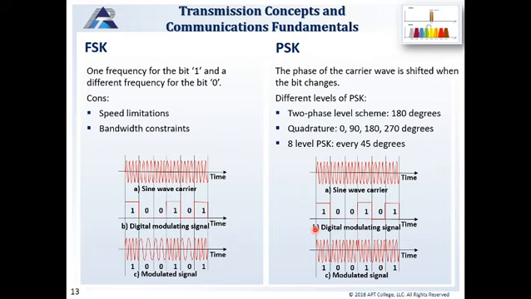Another type that we have is phase shift keying. The phase of the carrier wave is shifted when the bit changes. So we have our carrier wave again, and for a 1, our data modulated signal remains in phase. When we switch to a 0, you can see here there's a change in the phase.